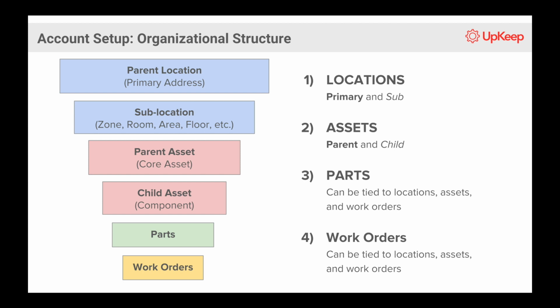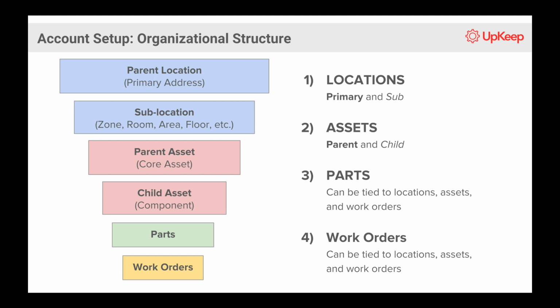This is the way we like to think about the organizational structure of your Upkeep account. Your parent locations are going to sit right up at the top of that funnel. These are your primary addresses, your primary locations where maintenance is happening. We then have those sublocations, which are areas essentially within that parent location. For example, zones, rooms, areas, floors, etc.